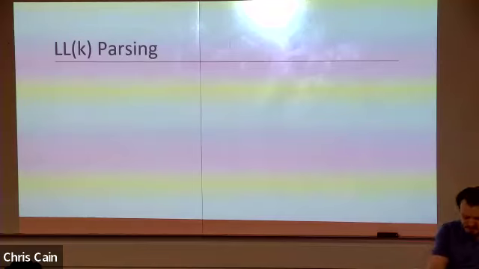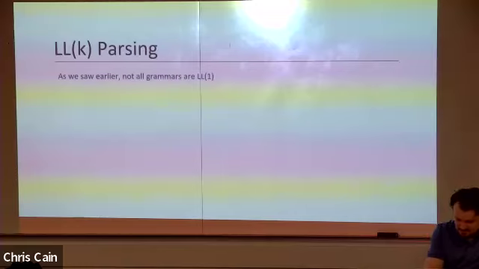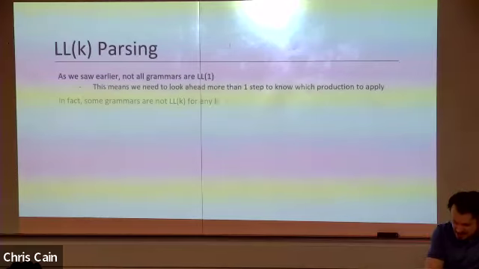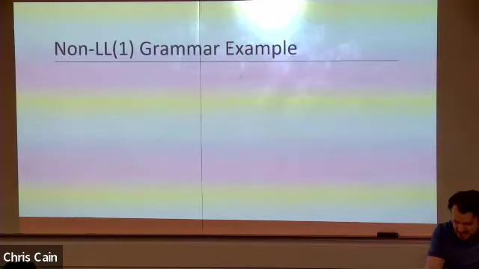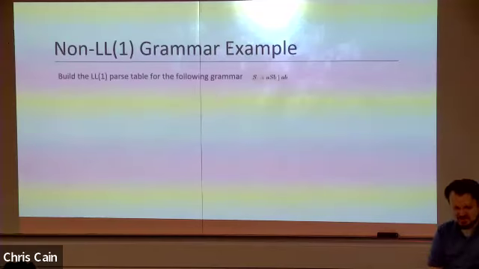Because there are multiple options and there's ambiguity with one character of look-ahead. So we're going to take a look at another grammar. How do we identify a grammar as not LL1? We look for a conflict in the table, and we're going to look at such an example now.